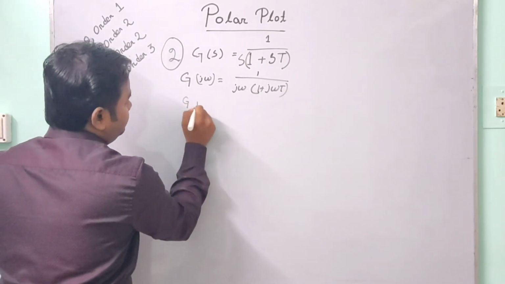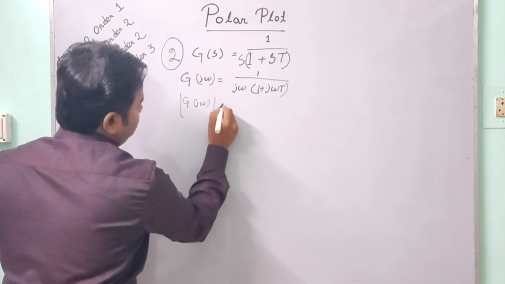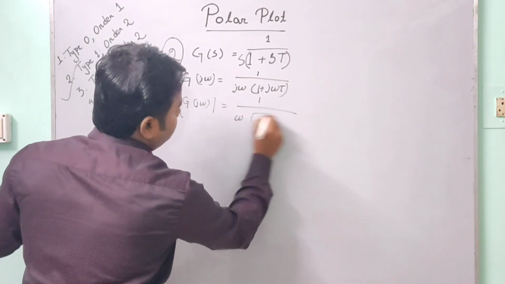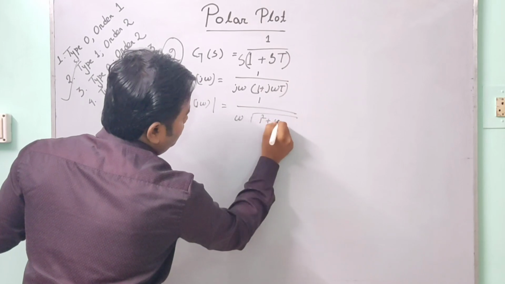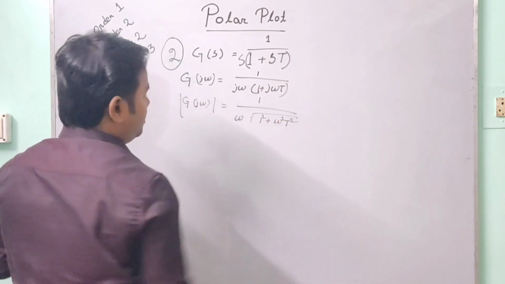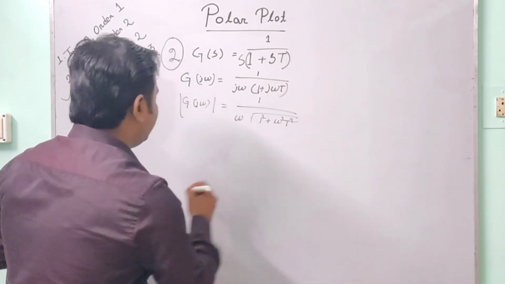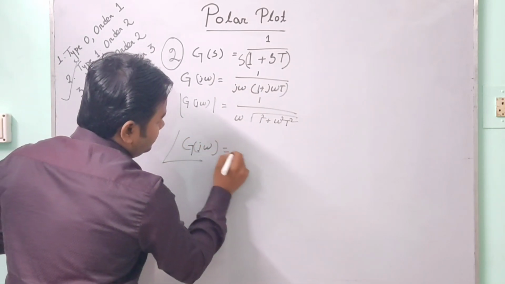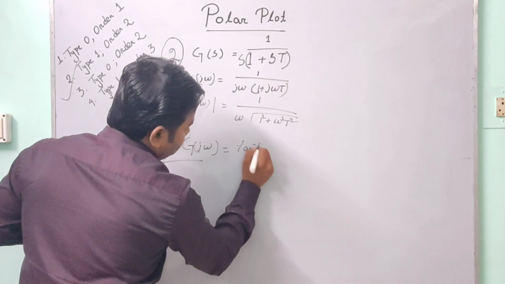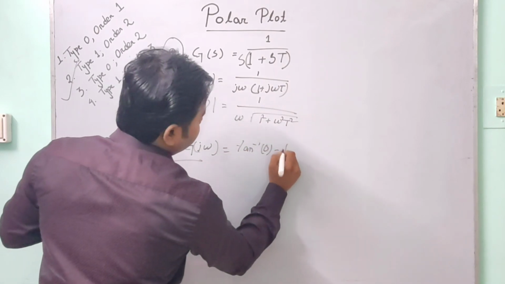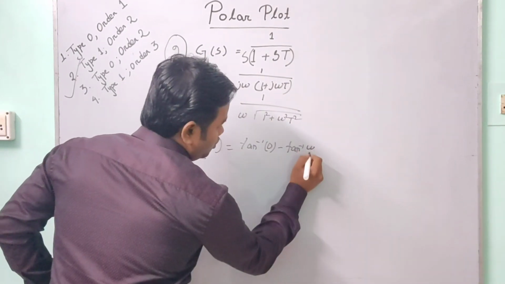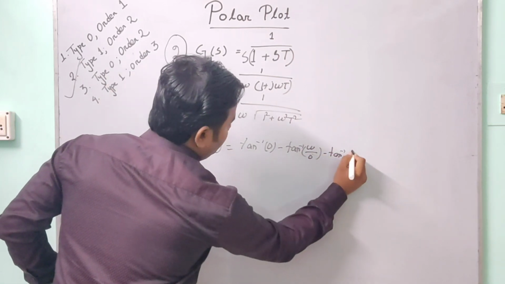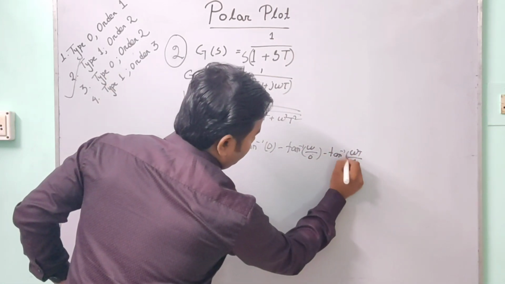That means the magnitude of G of j omega is equal to 1 divided by omega into the square root of (1 squared plus omega squared T squared). And here is the angle. The angle of G of j omega is equal to tan inverse 0 minus tan inverse of omega by 0 minus tan inverse of omega T divided by 1.